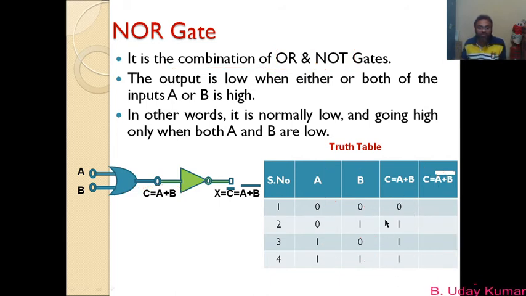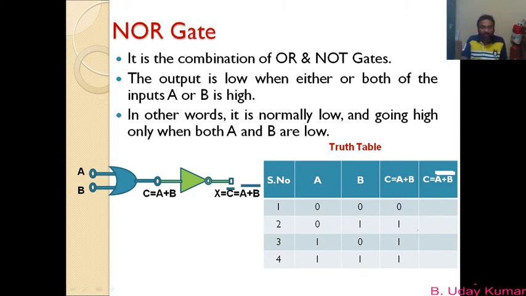We have different values of C that we got in this table. But the output of this NOT gate or NOR gate is not just C, it is C bar, which can also be written as (A plus B) bar. Here, whatever values you have in this column, we get their inverse values.